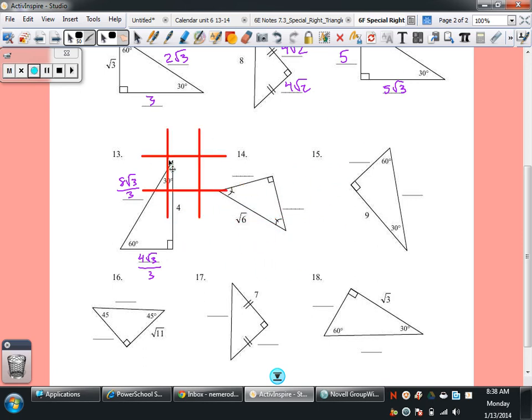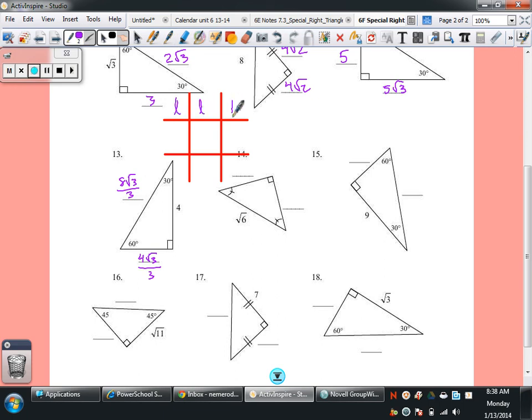Okay, number 14 is a 45, 45, 90 triangle. So this is leg, leg, hypotenuse. Hypotenuse is square root of 6. These are the same, so 1 over x equals the square root of 2 over the square root of 6.